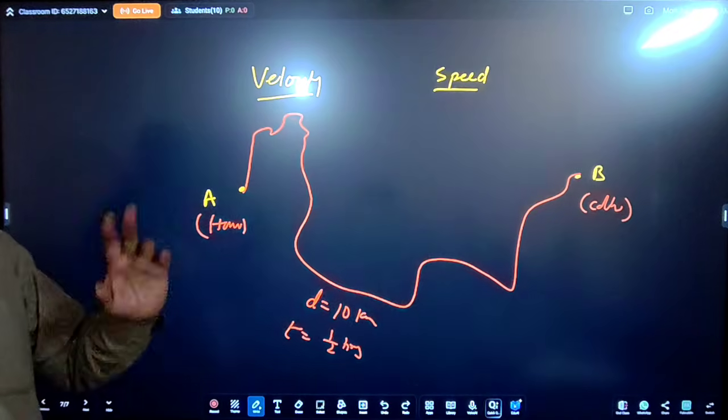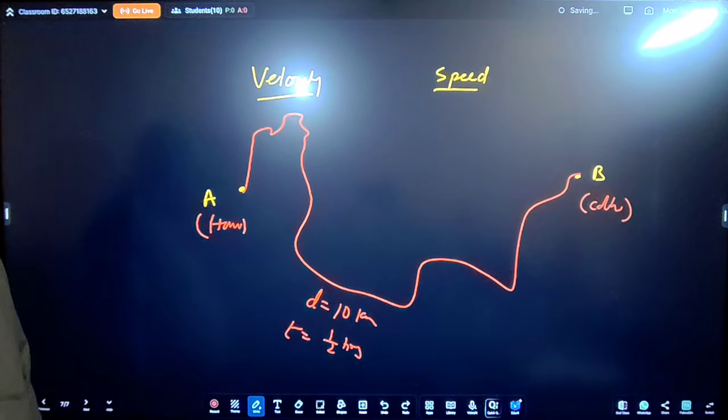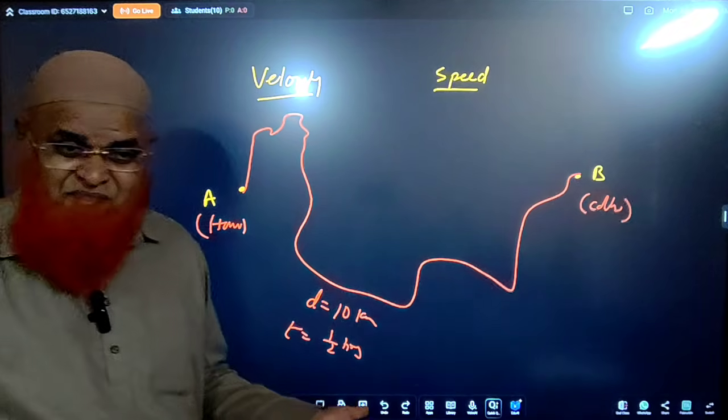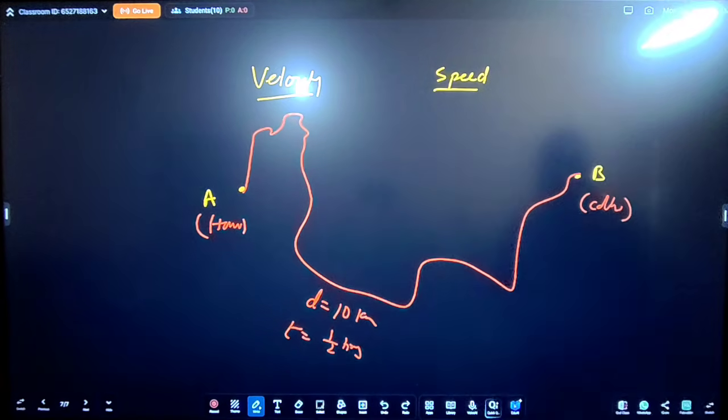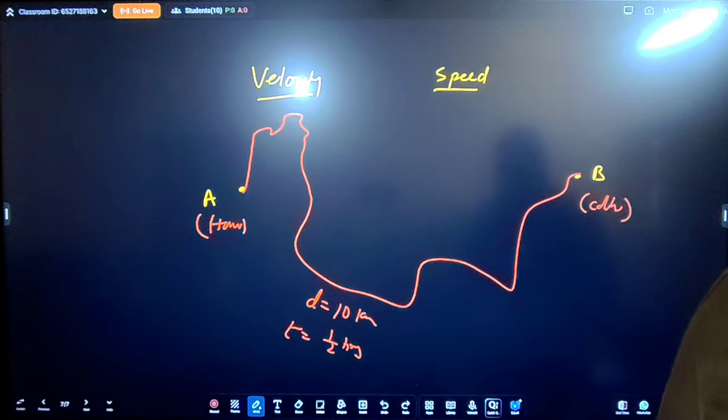You have gone on a bicycle or a bike, let us imagine. It takes half an hour. Traffic jam, daily traffic jam. You ask your father, Dad, there is daily traffic jam. I can't go to college like this.